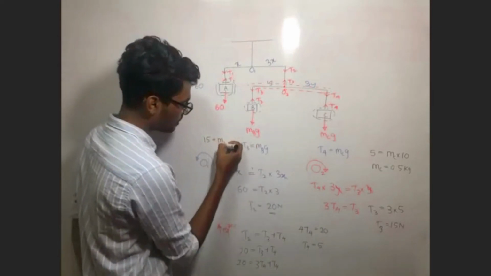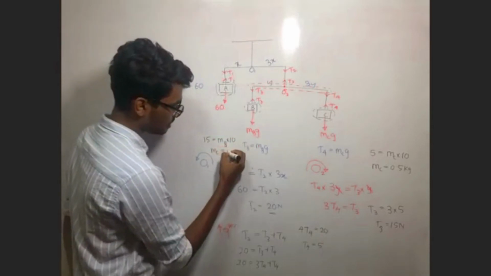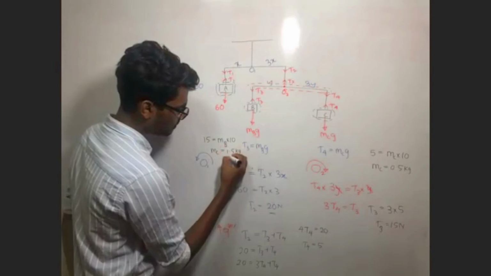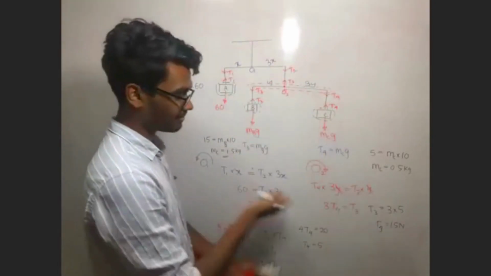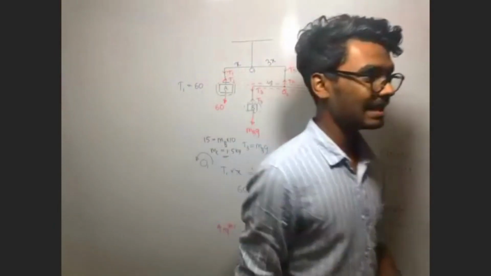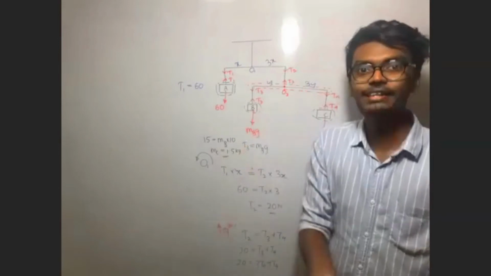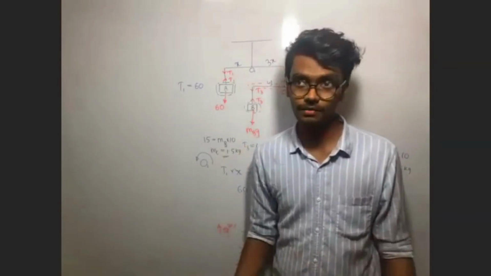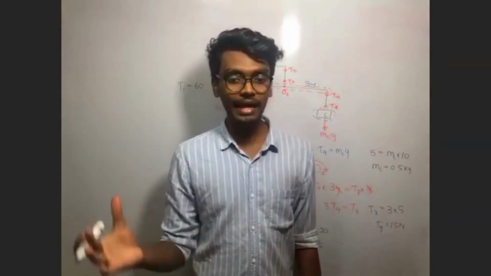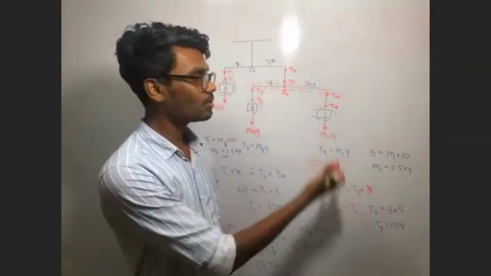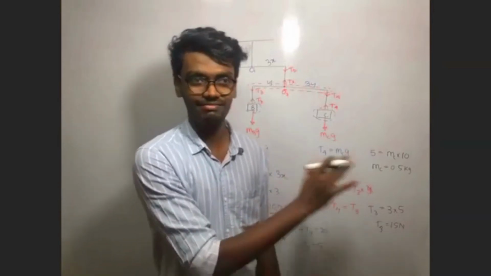Then MB into 10, g is 10, so MB is 1.5 kilograms. Although we have done a lot of things here, I can't do a lot of mental maths because when I teach, of course, I have to teach each and every step. But when you do this, you shouldn't write all this out in the workout.